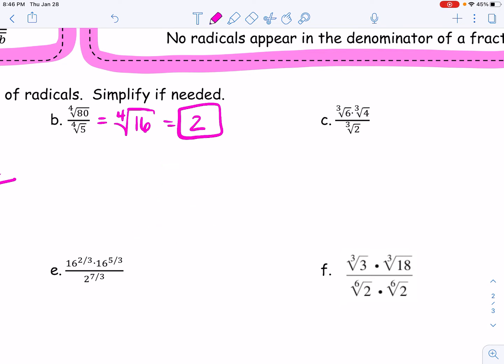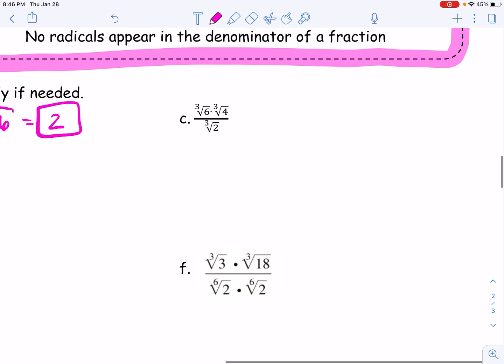Work smarter, not harder. Okay, over here, again, I have the cubic root of 6 times the cubic root of 4 divided by the cubic root of 2. All of them are cubic roots. Hallelujah, praise the Lord. So, what is the cubic root of 3 times the cubic root of 4?